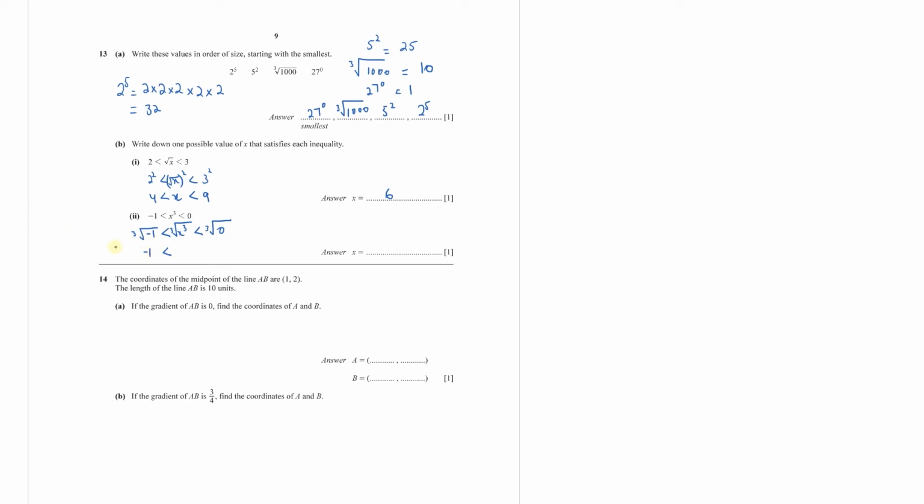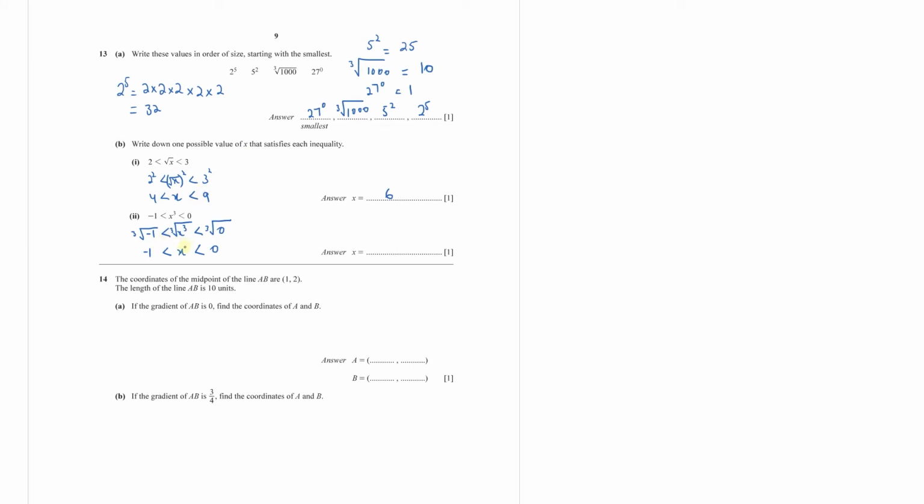Minus 1 times minus 1 is 1, but if you multiply it again by minus 1, you get negative 1. Then cube root of x cube gives us x, since cube root and cube cancel out, and cube root of 0 is 0. So any value between minus 1 and 0 is a possible value of x. Notice that it doesn't say that x has to be an integer.